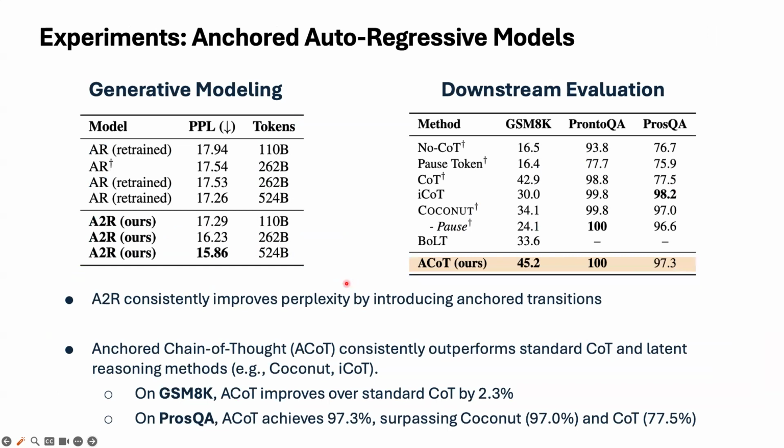If you look at downstream evaluations, if you take anchoring and compare it to things like chain of thought or Coconut, you can see improved performance over these baselines. I showed you only the math. You can look at logical reasoning, with CrossQA and things like that. So we have done some other experiments. They're all in the paper.